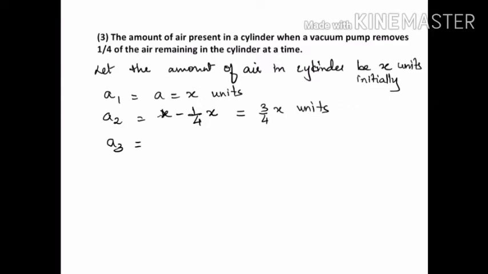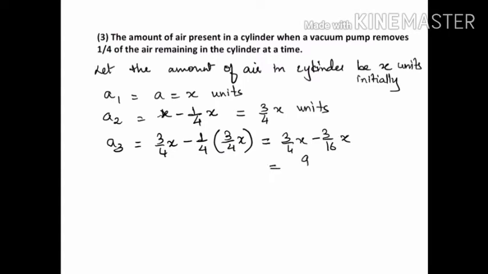Now what is remaining in the cylinder? 3 by 4 x. From the remaining gas, we remove 1 by 4 of the remaining gas. So we get 9/16 x units.